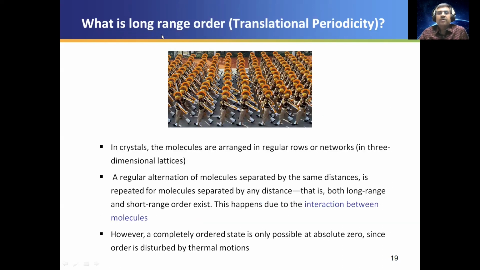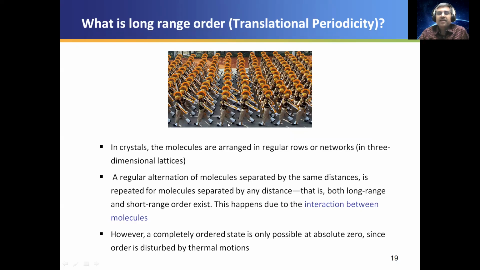The first term that we are going to look at is what is the long range order that is present in the crystalline solid. This is also called translational periodicity. Here we have shown a contingent of soldiers giving a march past on the Republic Day.